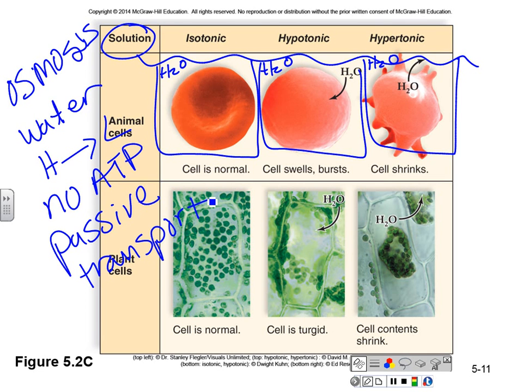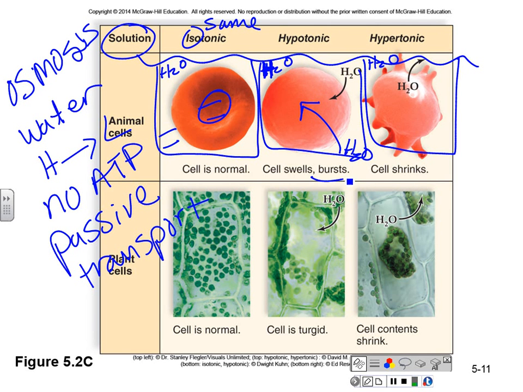All right, so in this example, isotonic, which means same, they're equal. The water outside is equal to the water inside. In a hypotonic solution here, the water from the outside is going to rush in to the inside of the red blood cell, going from high to low.